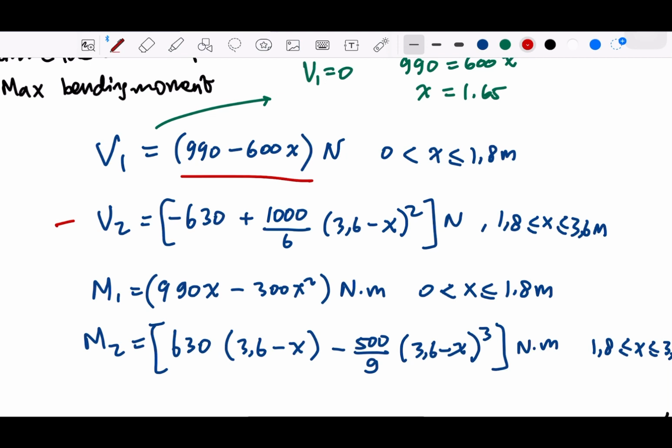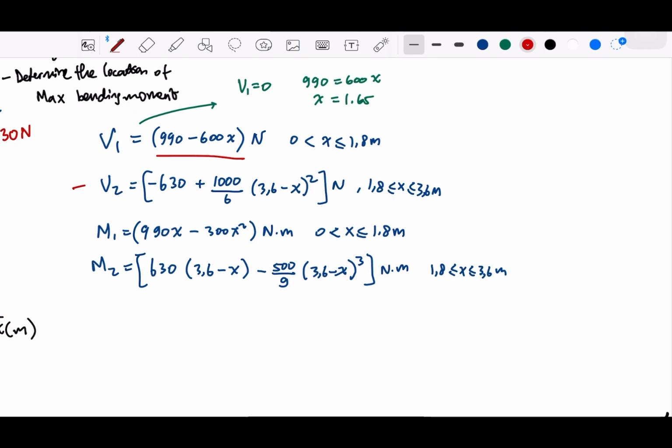Okay. So how we get this expression is through the equilibrium of all the forces and moment, but I think we can review this later, in the next sections.